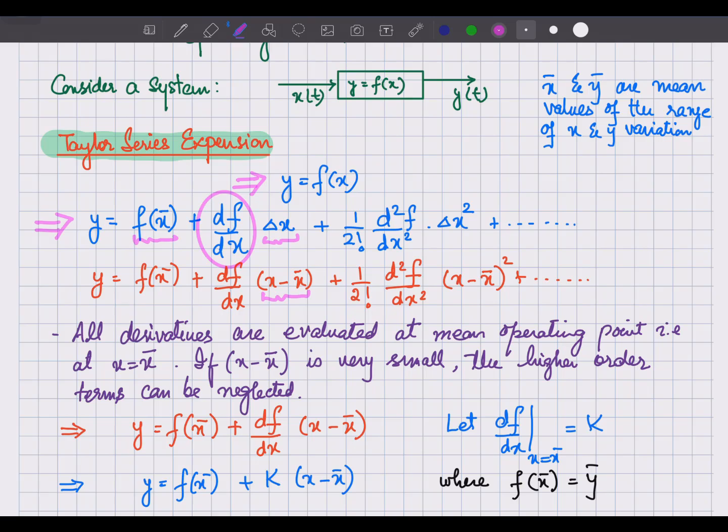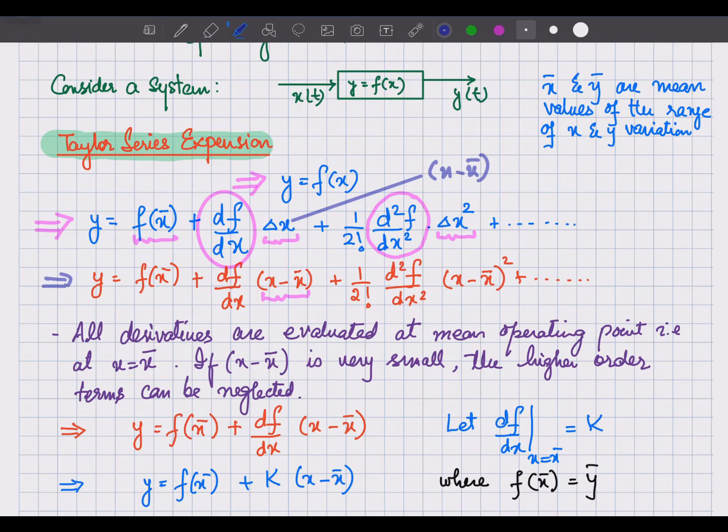By the Taylor series, the next term will be 1 by 2 factorial times the double derivative of the function times the square of the variation of the variable. So this equation can now be written like this, because delta x is x minus x bar, the deviation of the selected variable from the selected x and y.